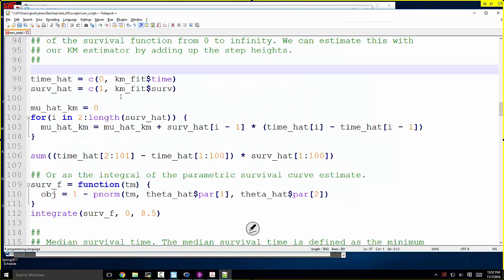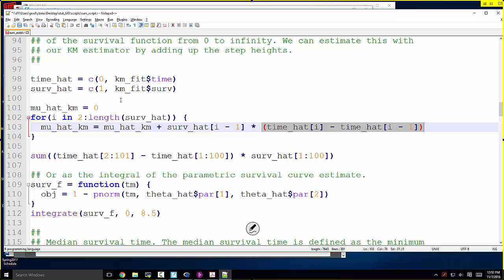This code does that. What I'm going to do is accumulate from the left height of the rectangle, estimated survival function, times width of the rectangle.